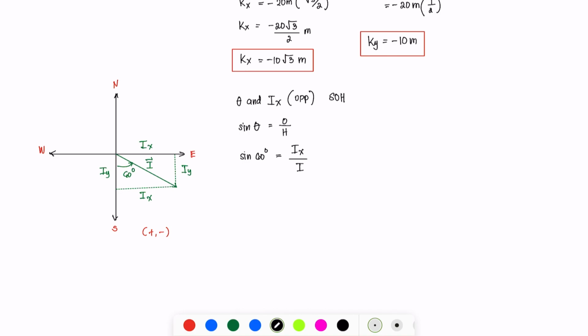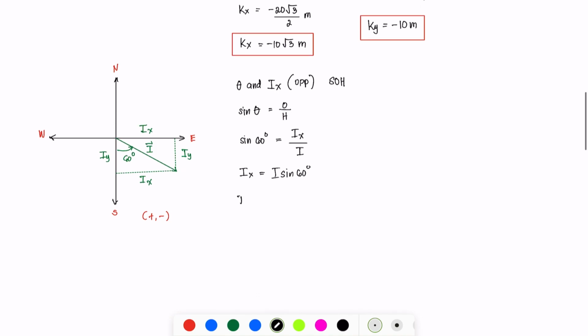So from here, I will get I sub x is simply I sine of 60 degrees. So it's just a matter of cross multiplication. So substitute the values. Your vector I is just 40 meters. And I'm hoping you're very familiar again with the unit circle. The sine of 60 is just square root of 3 over 2.